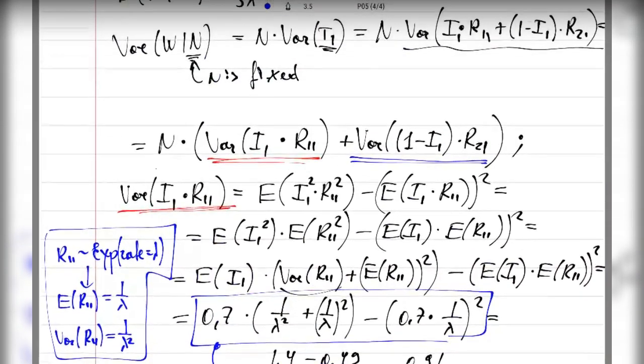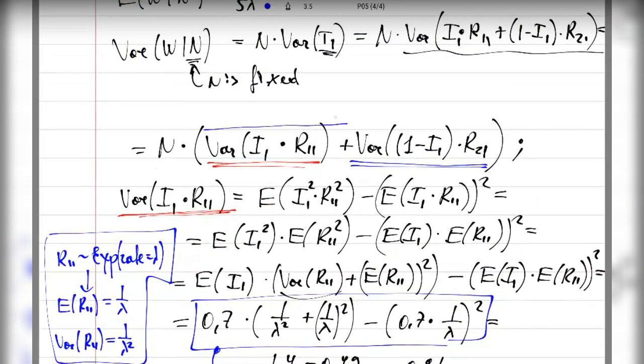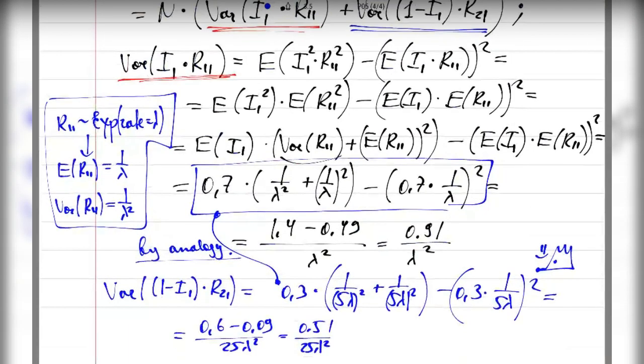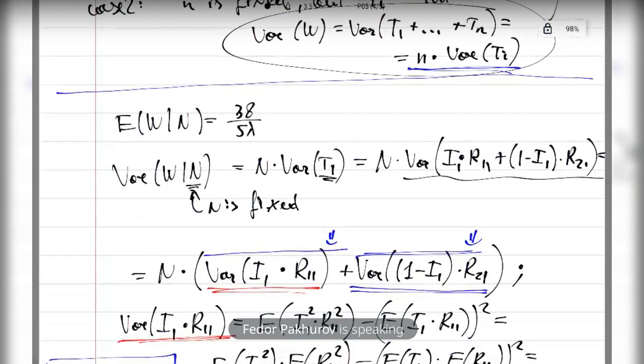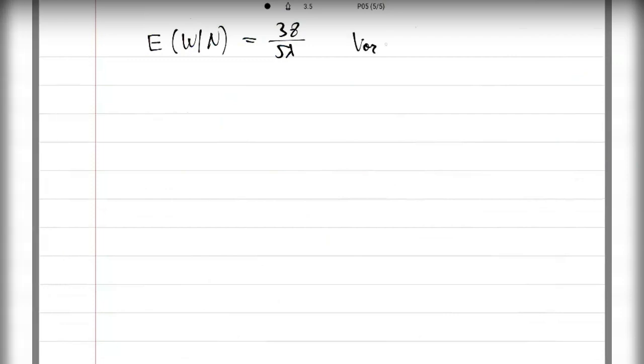Yoo-hoo! And we know this, we know that, and basically what we have calculated, the expected value of W given N, we know it. It's 38 over, I forgot, probably 5 lambda. The variance of W given N, I'm a little bit lazy, but it's some constant over lambda squared.